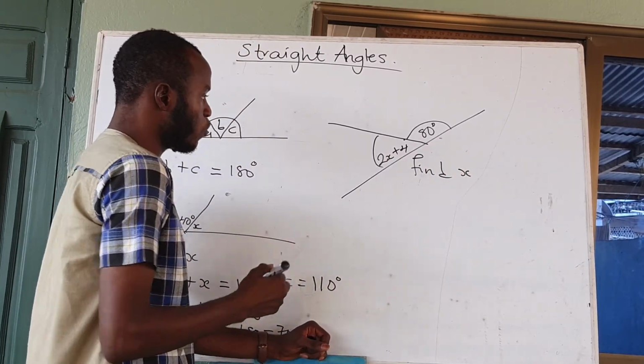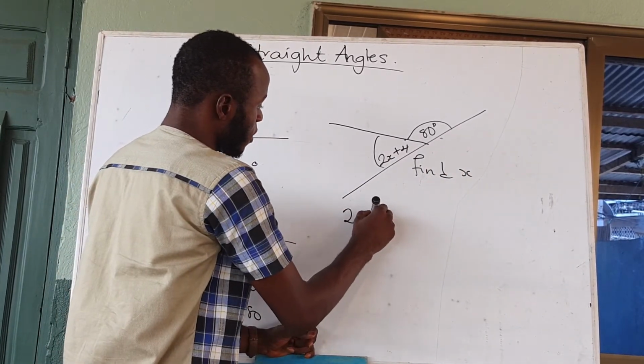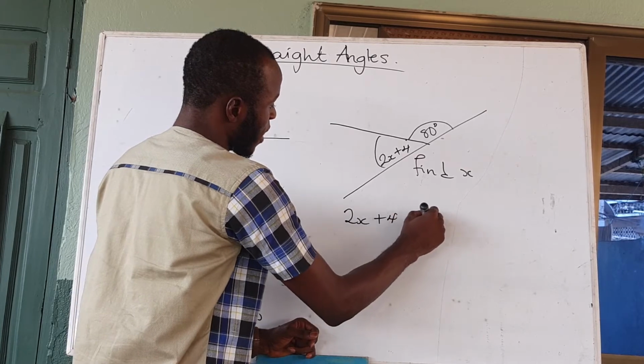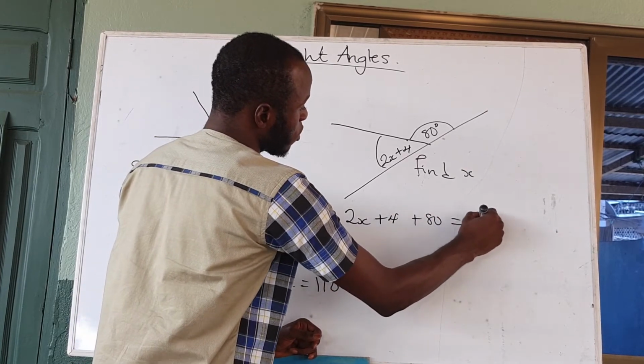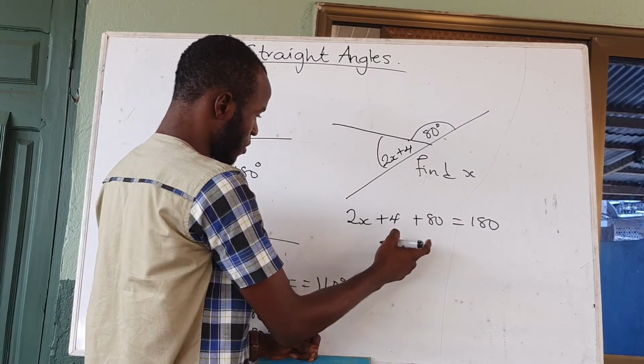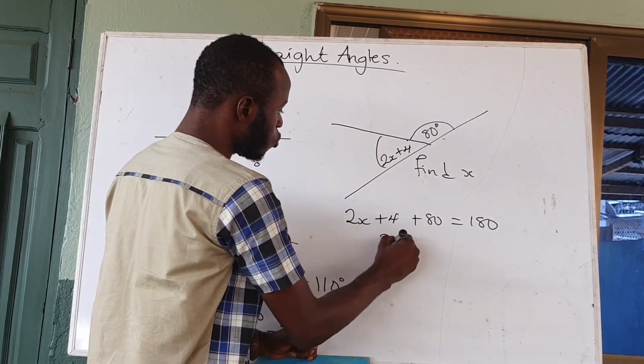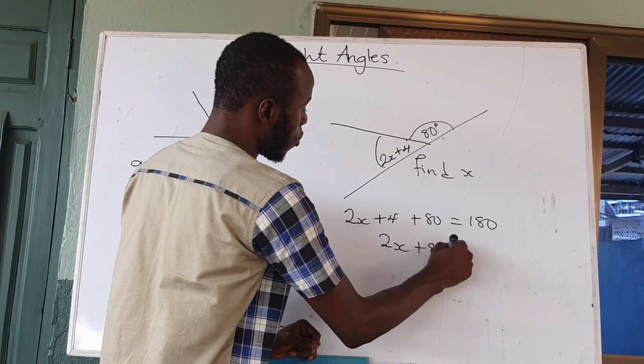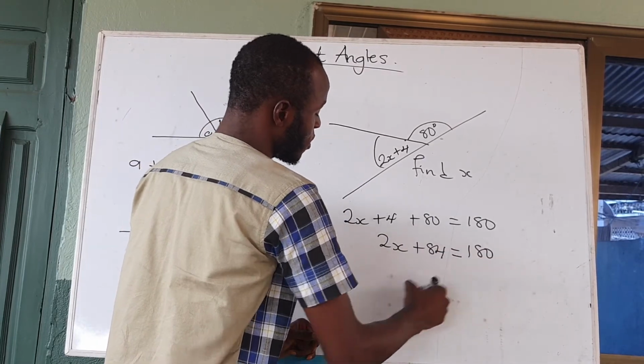Asking you to find x means 2x plus 4 plus 80 degrees should give us 180 degrees. Now we have 2x plus 84 equal to 180 degrees.